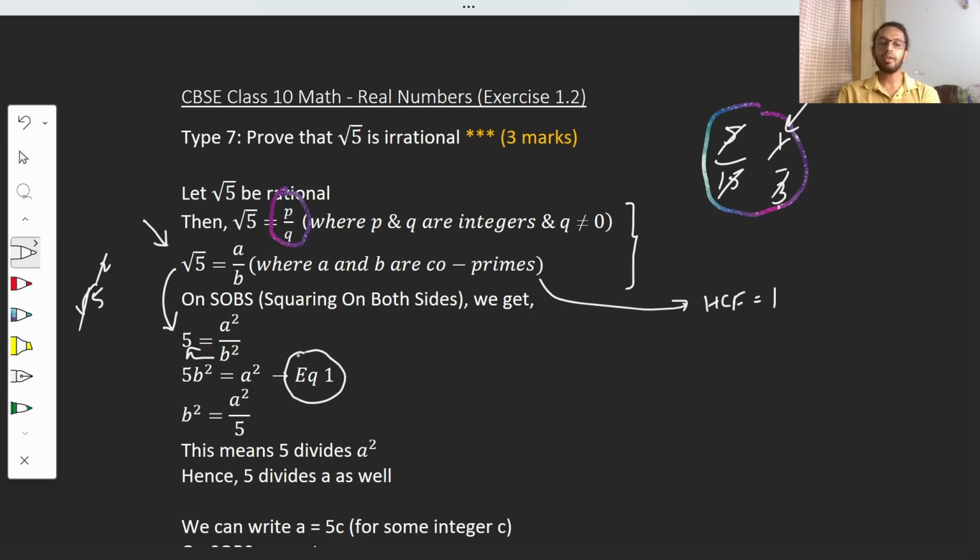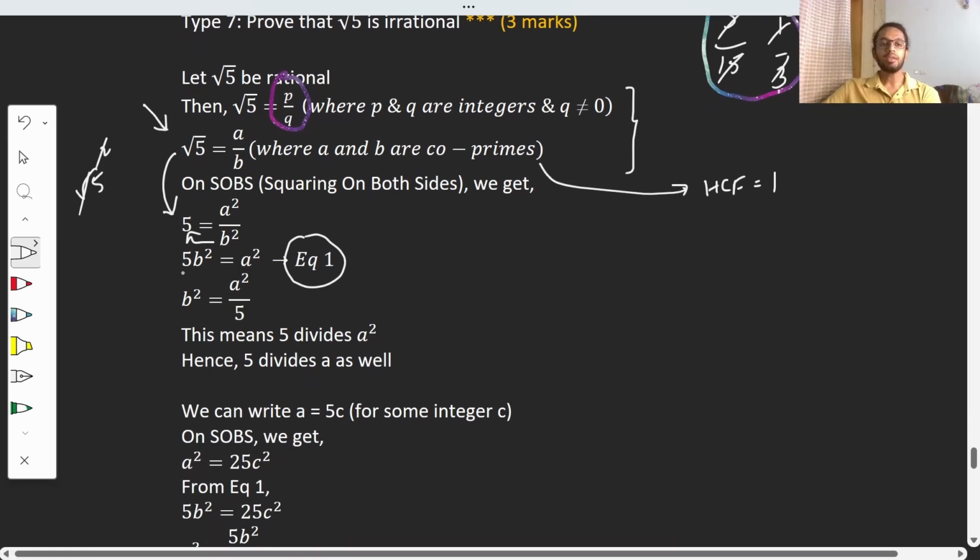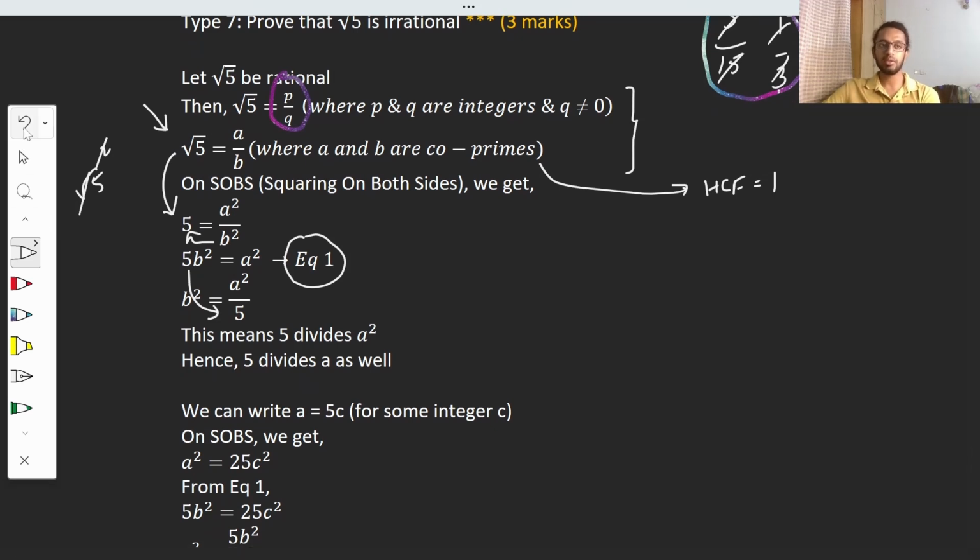Now when we come to the next step, we are taking that 5 to the denominator, because it's in multiplication. Once we are able to write it in this format, a square by 5, we are saying that 5 divides a square, and therefore 5 divides a as well. This is again a theorem.